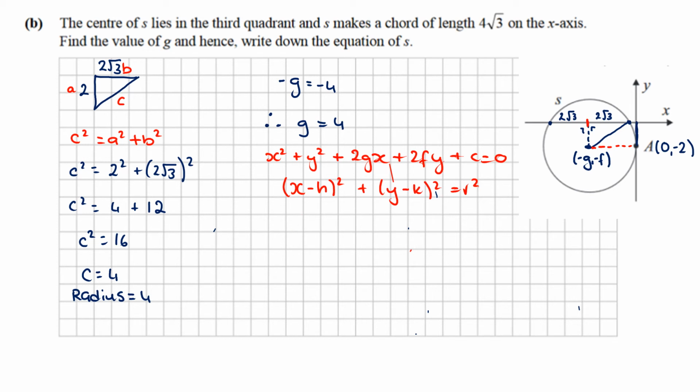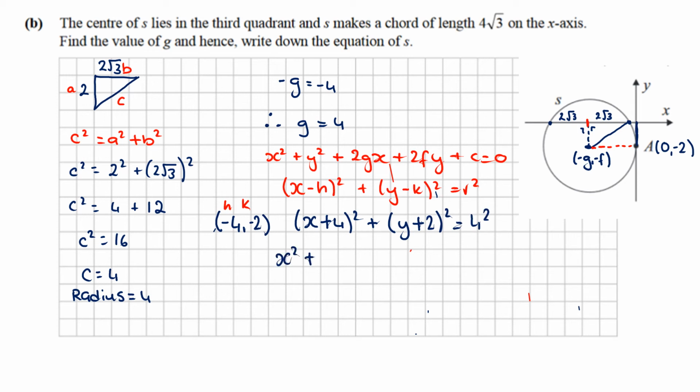So my center point here is minus g, minus f, it's minus 4, minus 2, so that is actually h, k. So we get x minus minus 4, so that's plus 4 squared, plus y minus minus 2, so plus 2 squared equals 4 squared, and you can multiply that out then if you want.